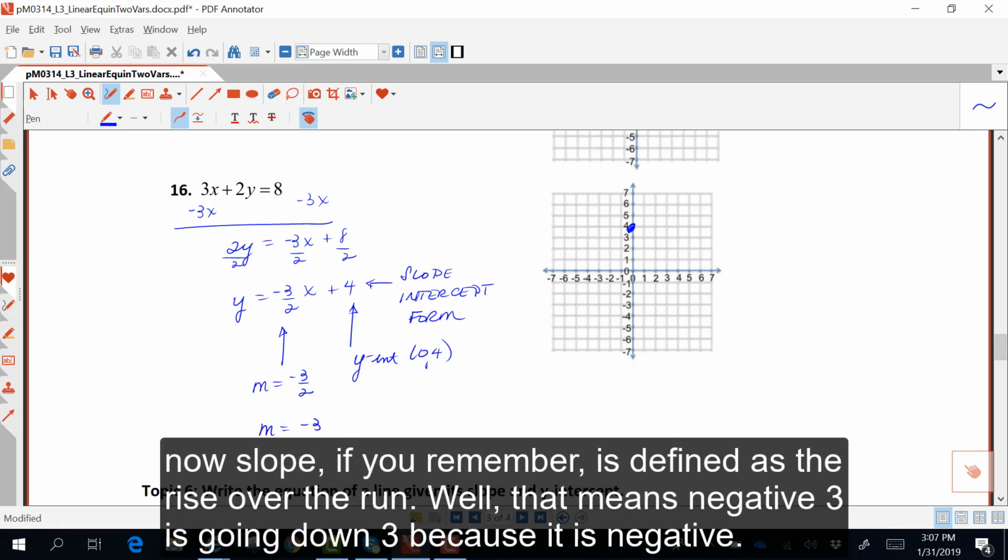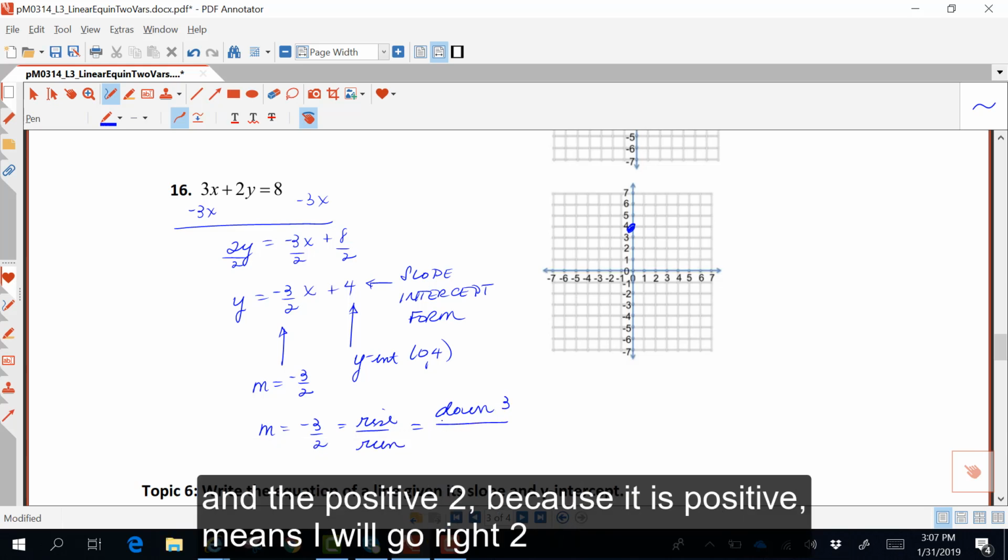Now, slope, if you remember, is defined as the rise over the run. Well, that means negative 3 means I'm going to go down 3 because it's negative. And the positive 2, because it is positive, means I'm going to go right 2.